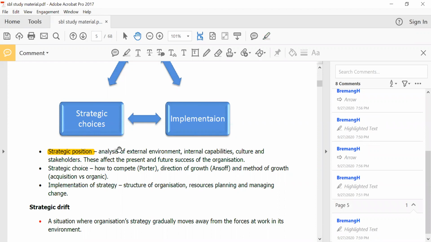Strategic position looks at analysis of external environment, internal capabilities, culture, and stakeholders. These affect the present and future success of the organization. So if you are coming out with a strategic plan, your plan should have a strategic position. Some people want to come out with maybe a business and your location is absolutely wrong.